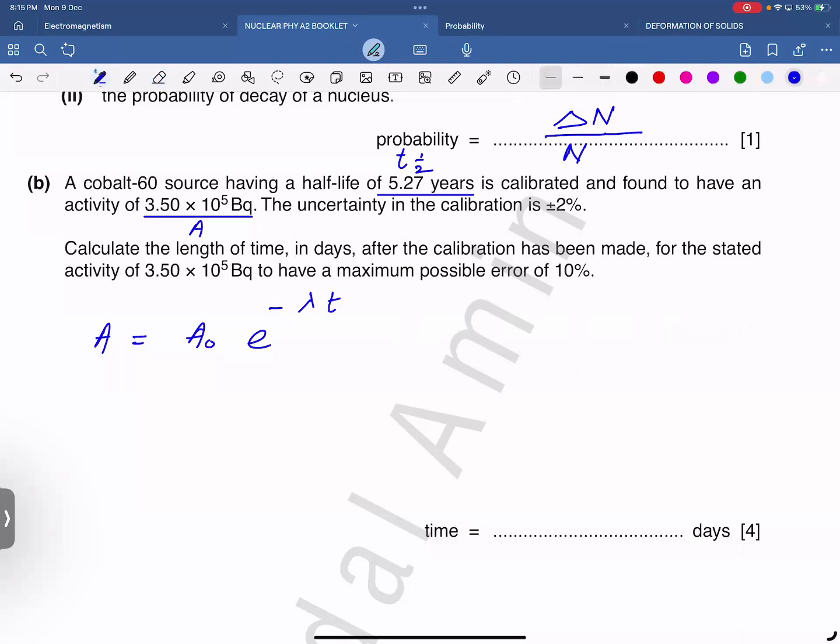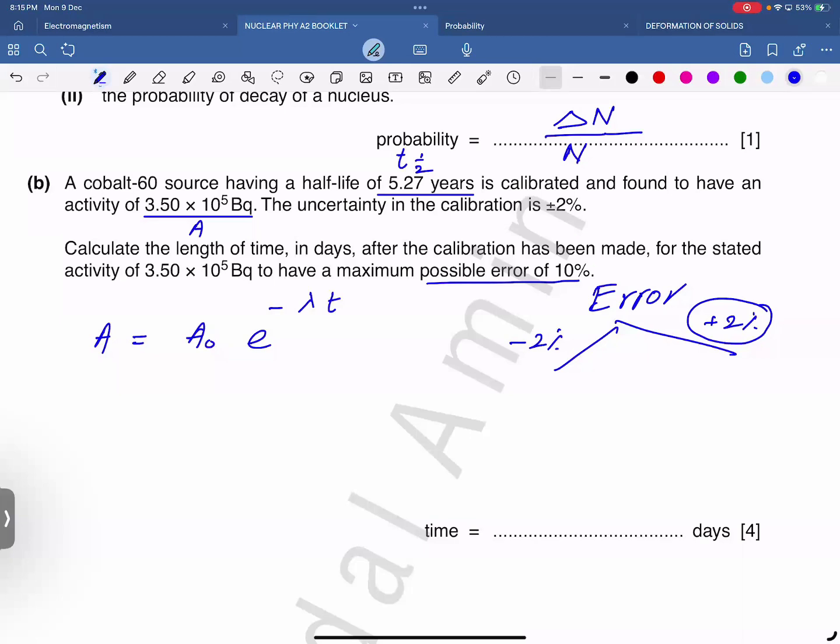Dear students, your error is whatever. There could be minus 2% due to calibration or plus 2% due to calibration. Now they say the maximum possible error is what? 10. So maximum means including the 2% of the calibration. Understanding or not?